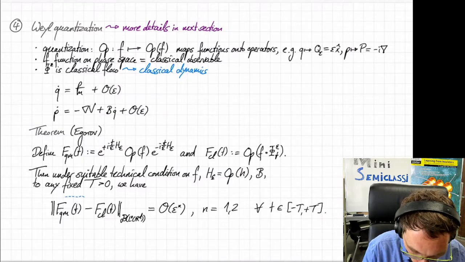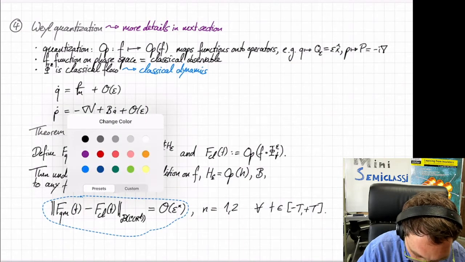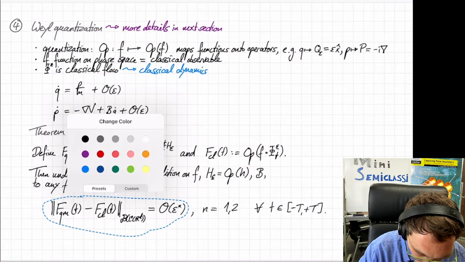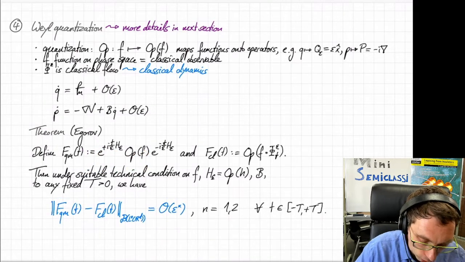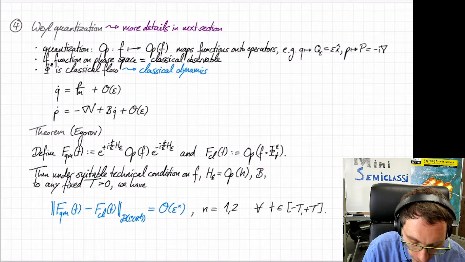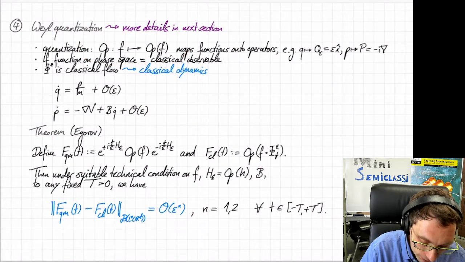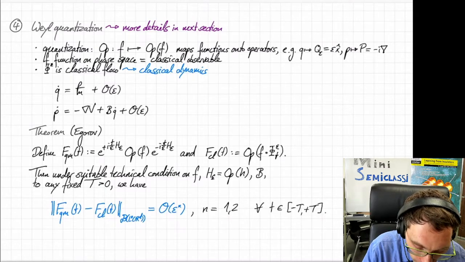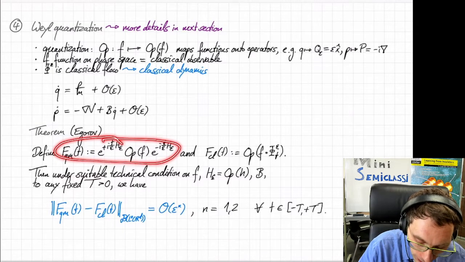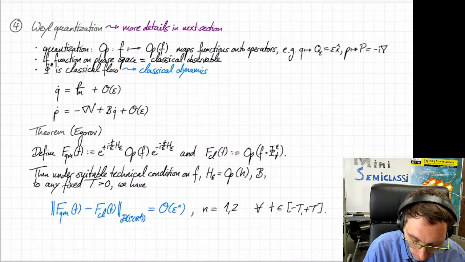So the core of the Egorov theorem is this statement here. Let me color this so that you can see it very clearly. This is the core. And you see that even if you don't know what this quantization procedure precisely is, if you had such a procedure, you could at least try to compare the quantum mechanically evolved observable with the classically evolved observable.